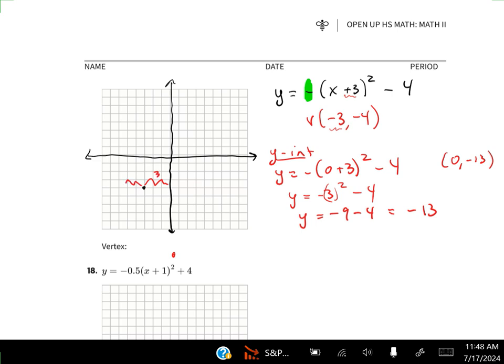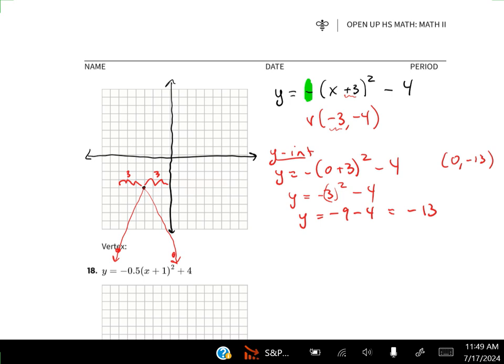There's going to be another point that has a distance of 3, and it's going to be the same y coordinate. So here, or right abouts, is going to be the point symmetric to the y-intercept. As I sketch this in, it's going to look something like that.